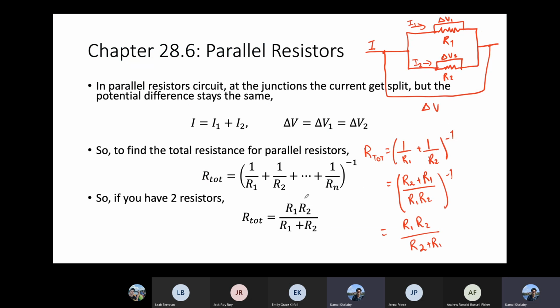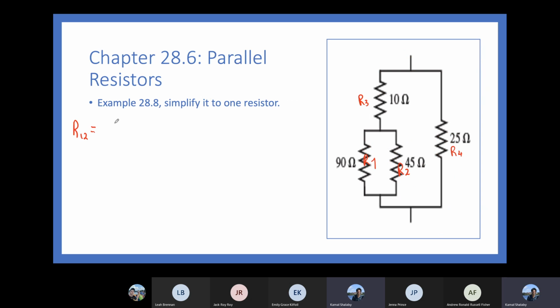Just simply use the one we found here. So R1,2 will equal R1 R2 over R1 plus R2. That is 90 multiplied by 45 over 90 plus 45, which will equal 30 ohms.